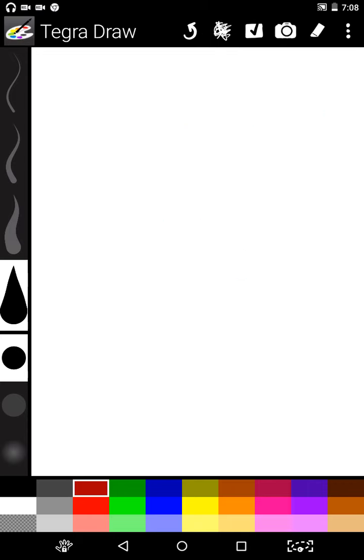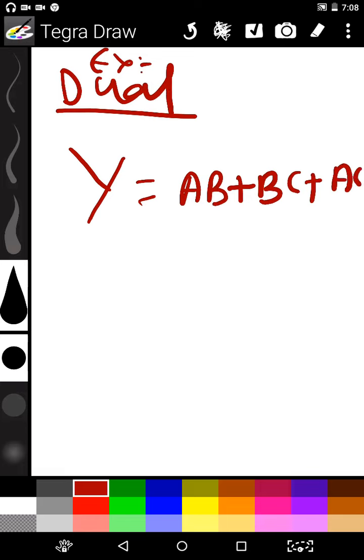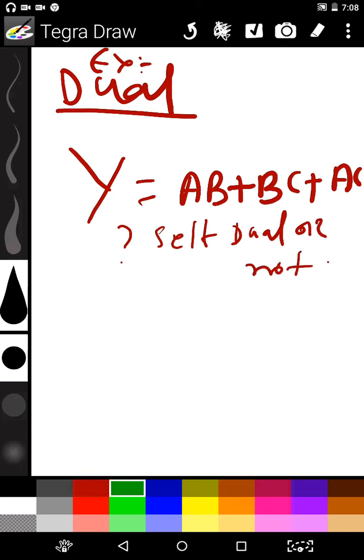Now we will take an example of dual expression. Let's say y equal to ab plus bc plus ac. We have to test whether it is self dual or not. We will verify the solution.